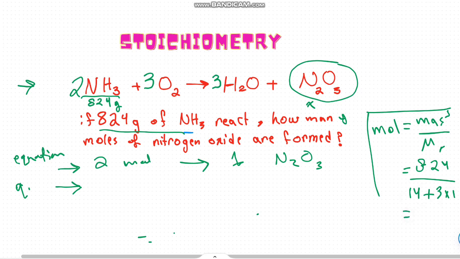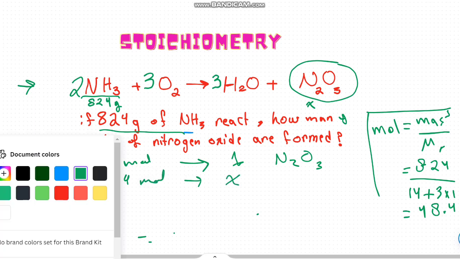The answer would be 48.4. Let me check the answer. Okay, then continue. 48.4 mole of ammonia gives X, we don't know. So this is the basic 2 steps.